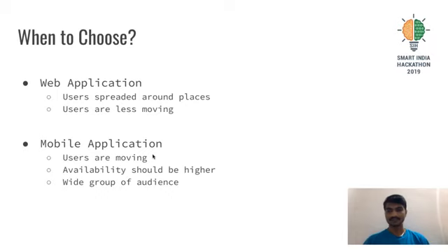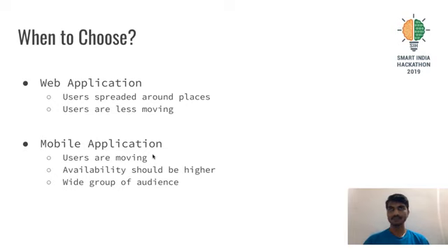For example, if my users are going to be spread across the globe, comparatively less moving, and they are going to have access to any kind of internet, maybe through desktop or laptop or mobile, then it is better to create a web application.